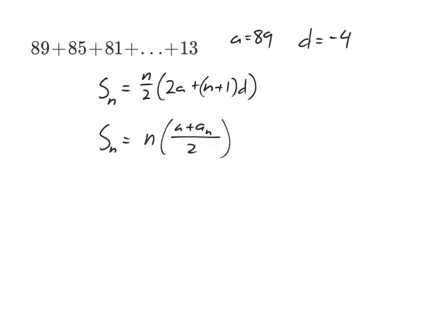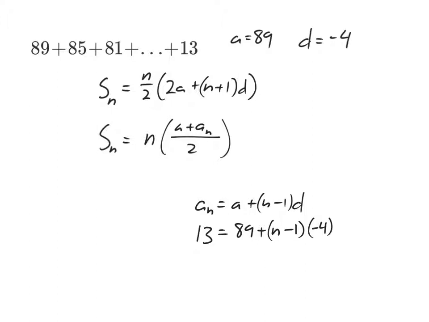I know that a sub n equals a plus (n minus 1) d. And I want to know what term 13 lies on. So this will be a, which is 89, plus (n minus 1) times d, which is negative 4.